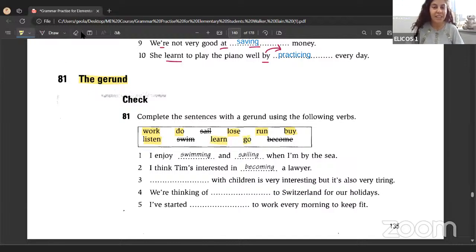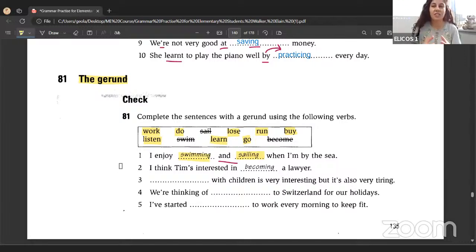I'll read the first two. We can see that we've got some sentences, maybe there's 2 gerunds. So if we do have 2 gerunds, then you'll just have to add and, which allows you to add another action. So the first sentence says, I enjoy swimming and sailing when I'm by the sea.